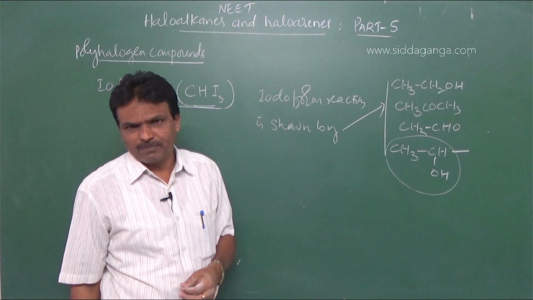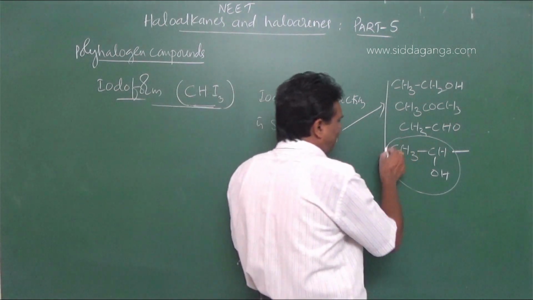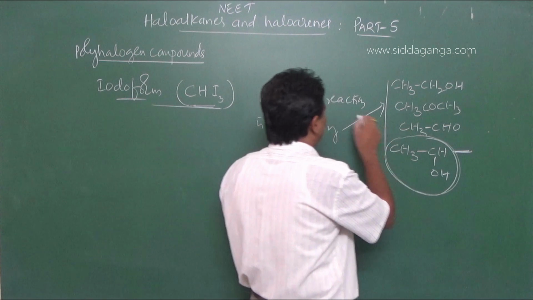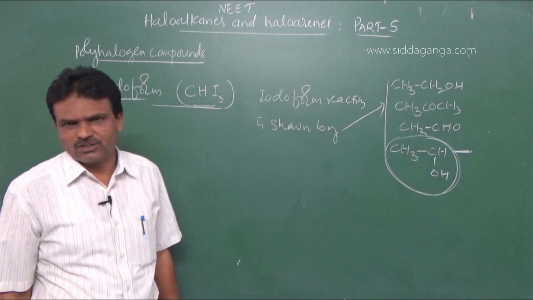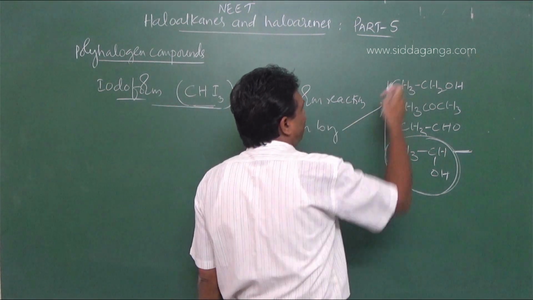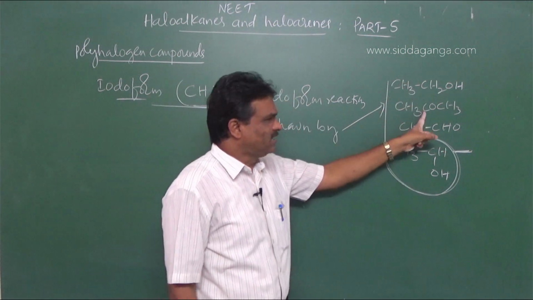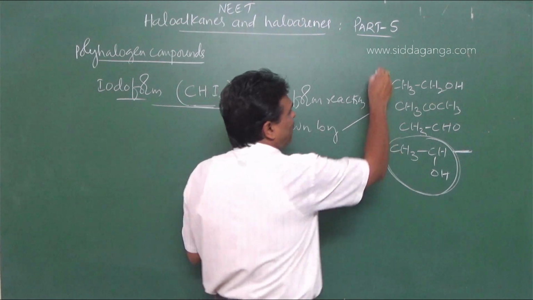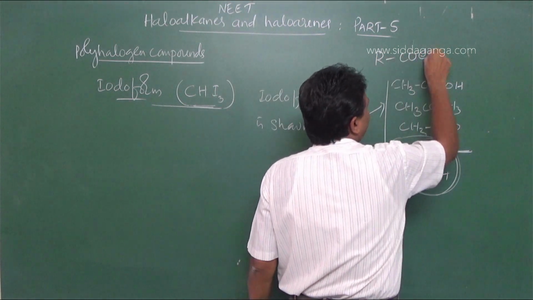Any compound containing this kind of group also shows the iodoform reaction: ethanol, acetone, or in general COCH3.